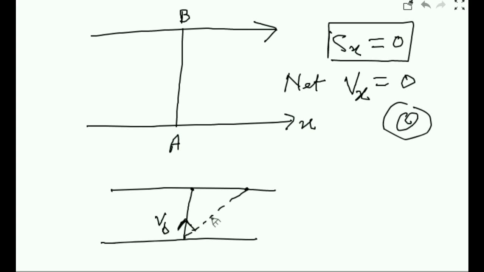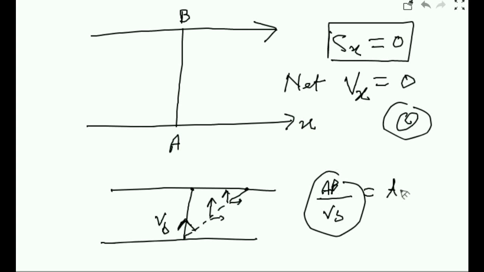So at any time the boat will head perpendicular to the flow of river. So in this case we always say AB divided by velocity of boat, for the shortest time, T minimum. And then sometimes they will also ask how far from the B point. Then this distance is traveled by the velocity of river only.